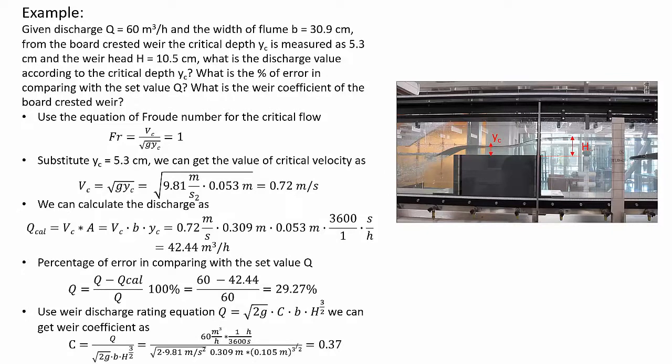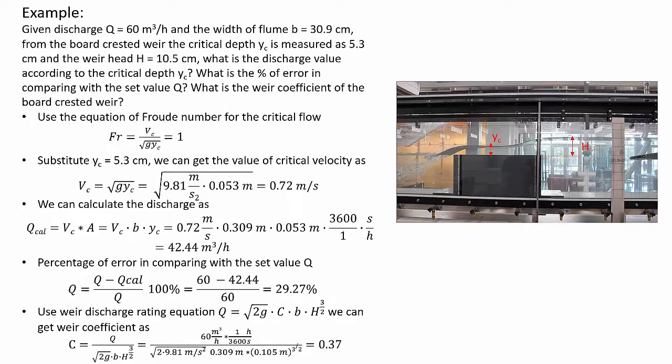Here is an example of how to analyze the data. Given the discharge Q equals 60 cubic meters per hour and the width of the flume B equals 30.9 centimeters.